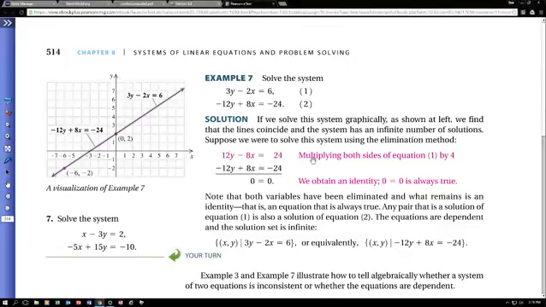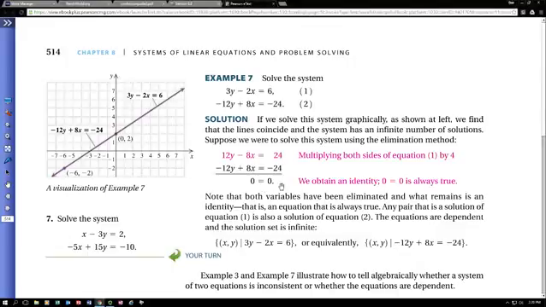They end up with this new equivalent equation of 12y minus 8x equals 24, which is the equivalent equation. The multiplication distributed correctly, and so on. Well, when I add these two things together, the y's go to 0, but also the x's are additive inverses of each other, and in this case these are additive inverses of each other.